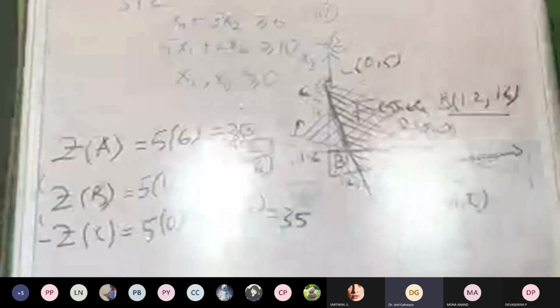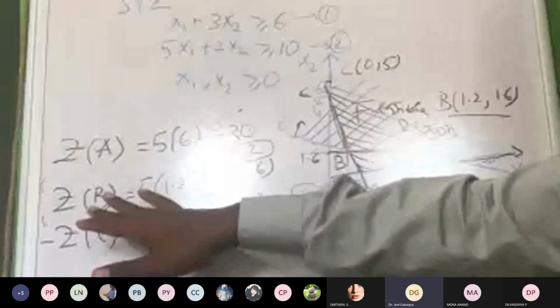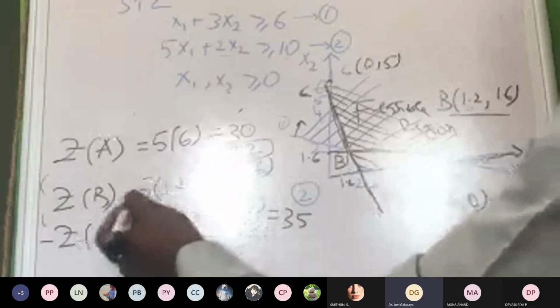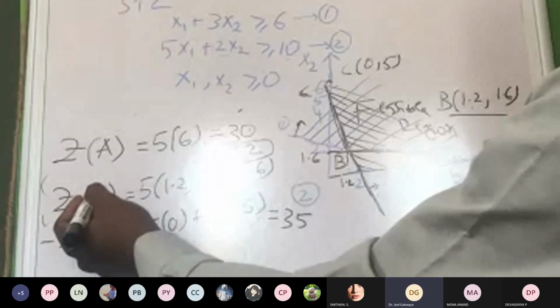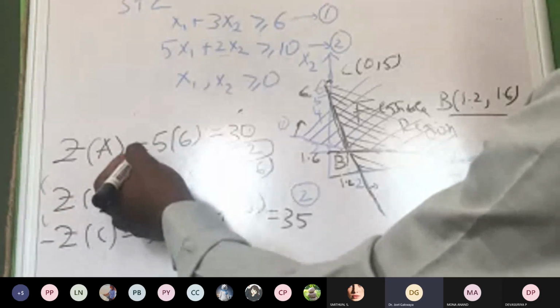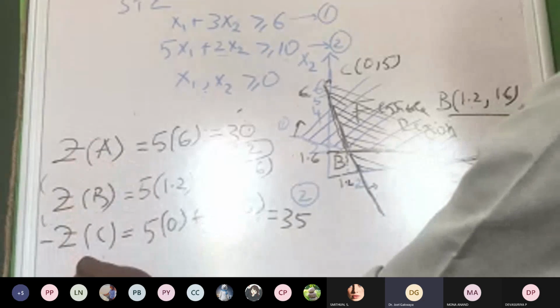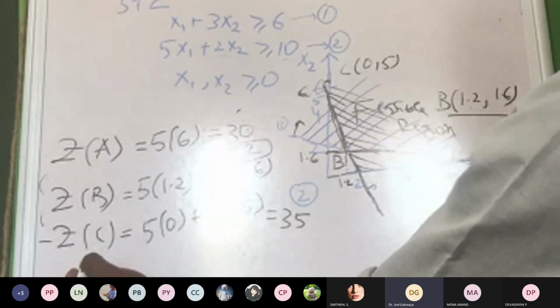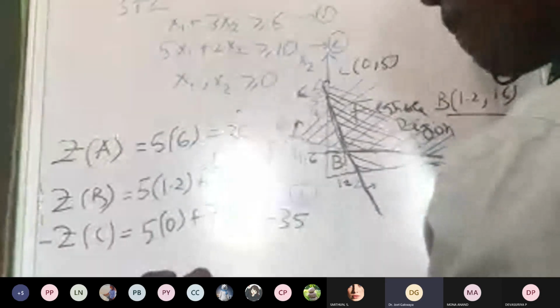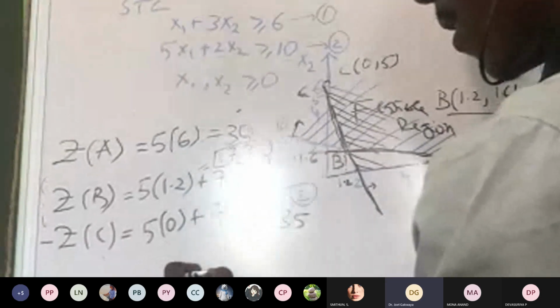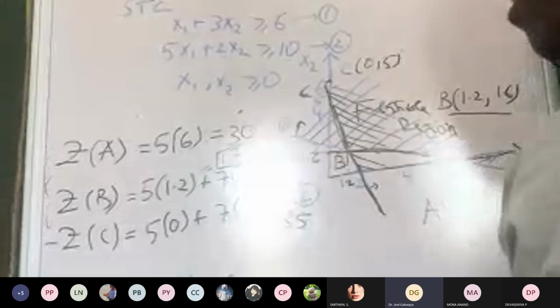Now, which is the minimum? The minimum obviously is B, because B is lesser than ZA, and B is lesser than ZC.